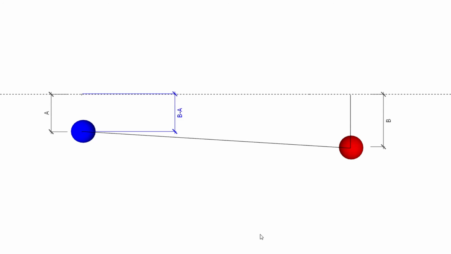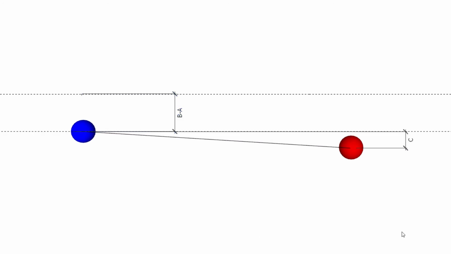The difference in the distance between the points and the reference line, in this example that's b minus a, lets us determine the value c, which is the relative difference between the points in the direction of the reference line. For example, if the reference line is perfectly horizontal, then we would be talking about the difference in the vertical direction, because we're always measuring the shortest distance between the point and the reference line.